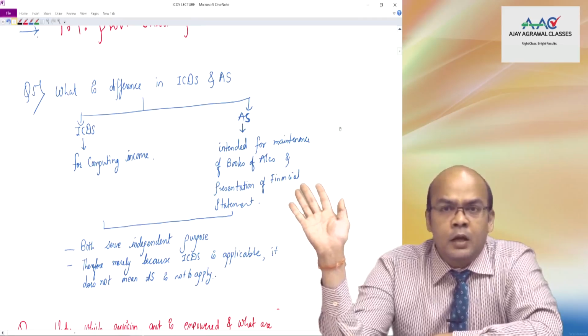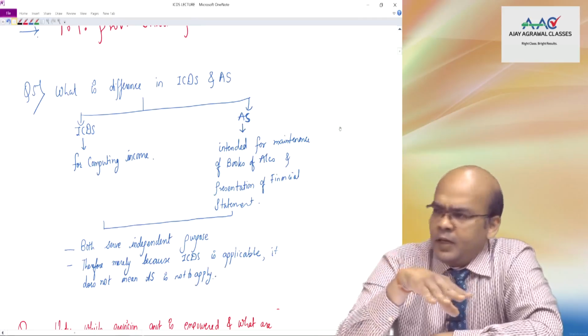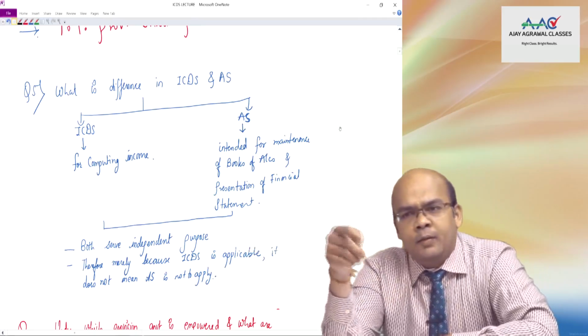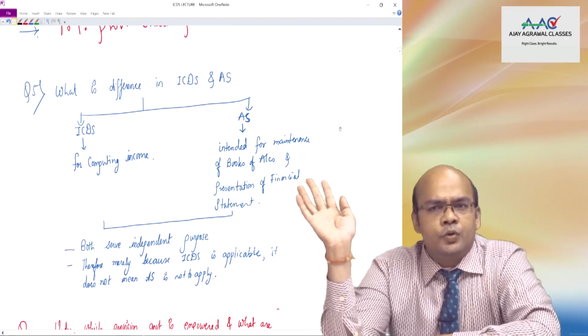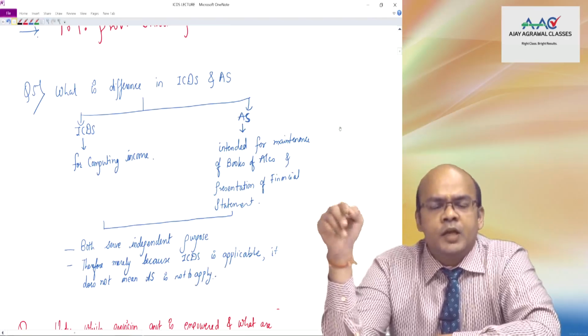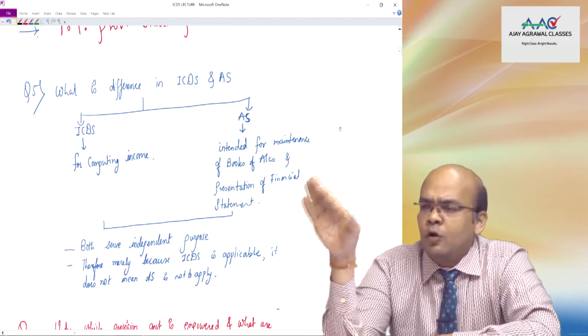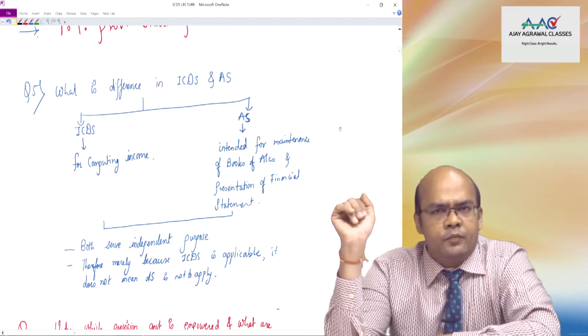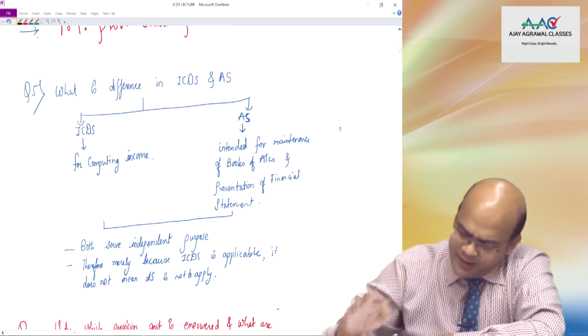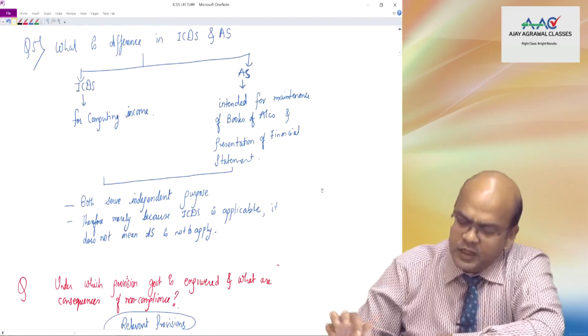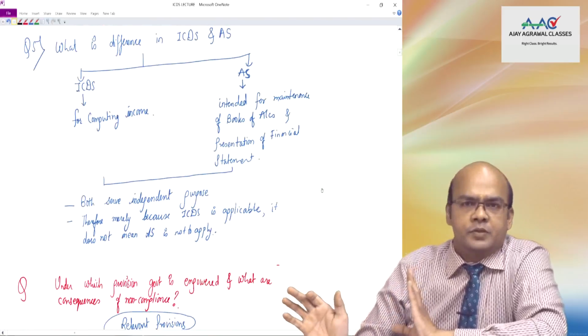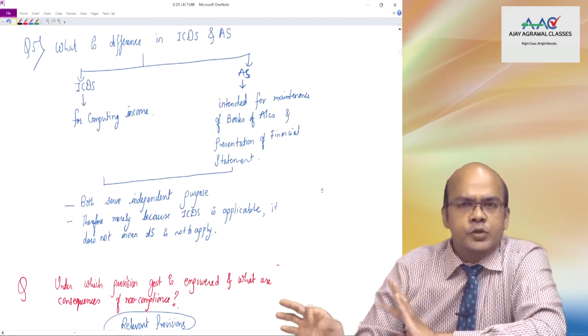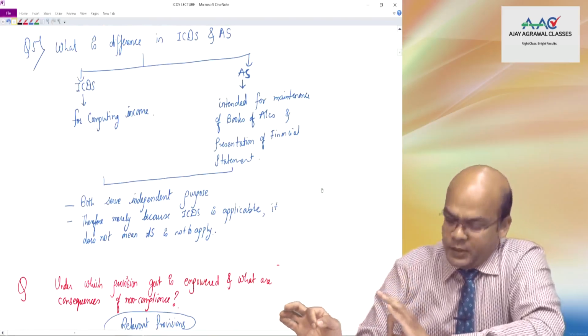Now, if ICDS is applicable, AS is not applicable, will it be the correct approach? No. Why? Because the requirements are two different. One is for computing and one is for maintaining. Both serve independent purposes.